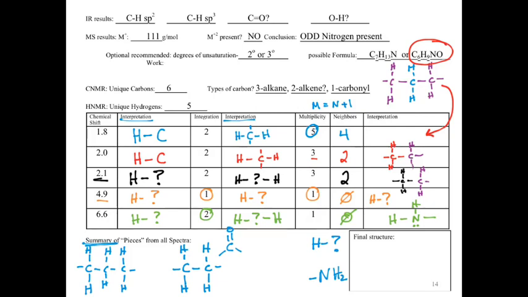So we go back to our structure and ask, where did things duplicate? I see 2 sets of CH2s, but I don't necessarily know which one's which or how these things stack up. So I'm going to slowly start to overlay them.